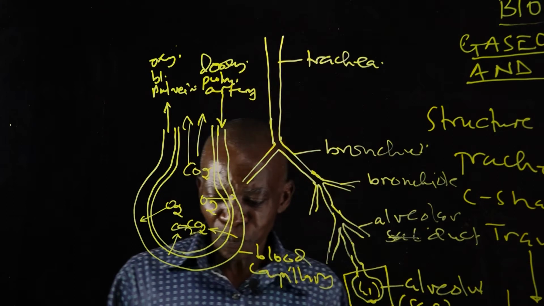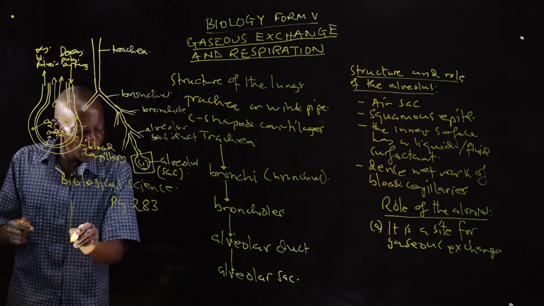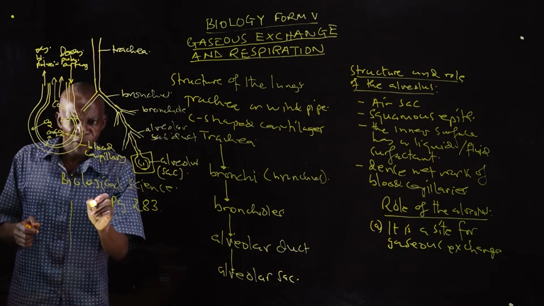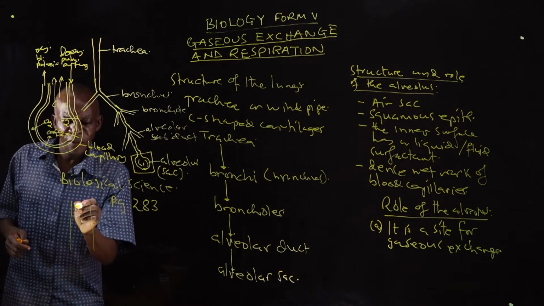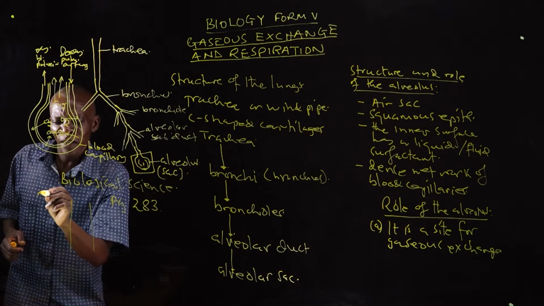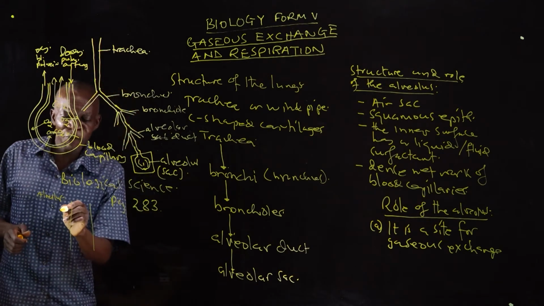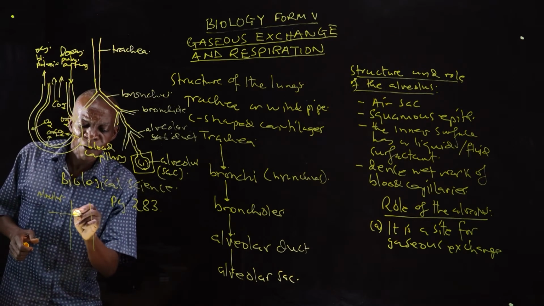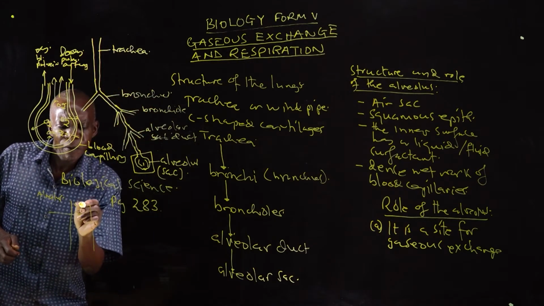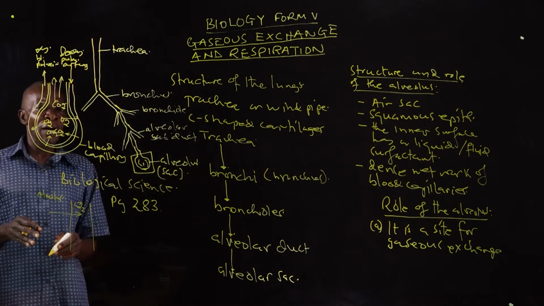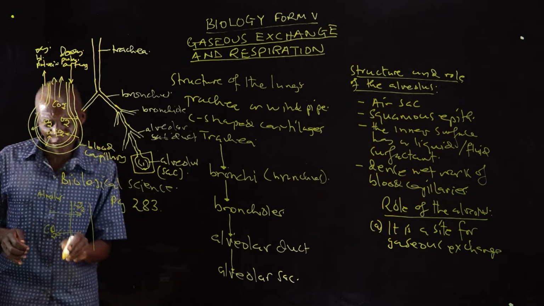But also, in a similar way, this is a blood capillary. On this side, we have an alveolus. From the alveolus, we have oxygen diffusing into the blood capillary and carbon dioxide taken out.